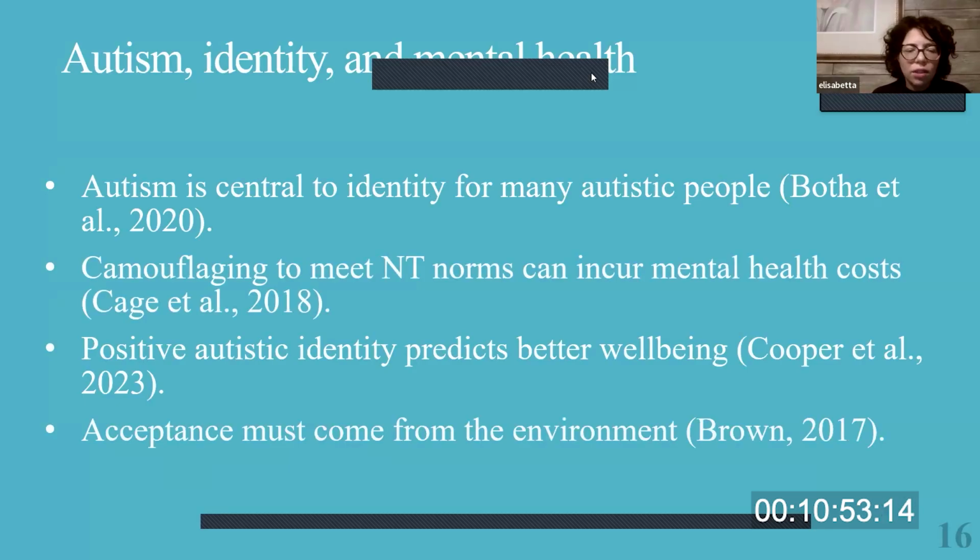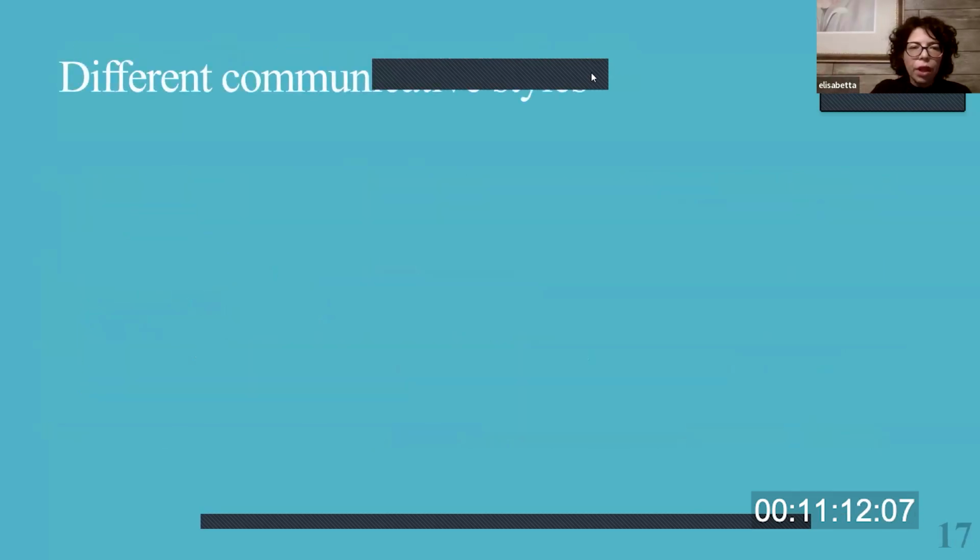So acceptance must come from the environment, not just from the individual. But what we should try to change is the environment, the work environment, the home environment, where the autistic person lives, works, and so on.